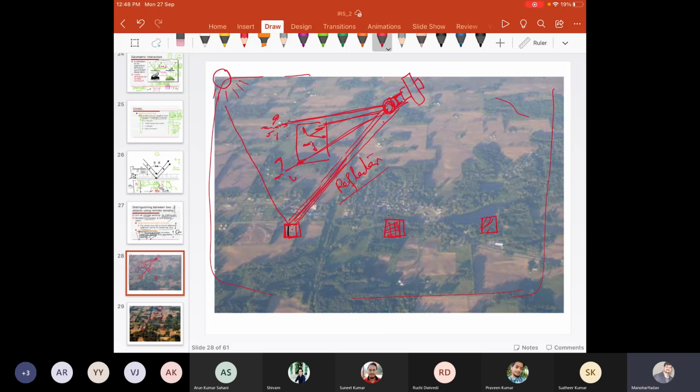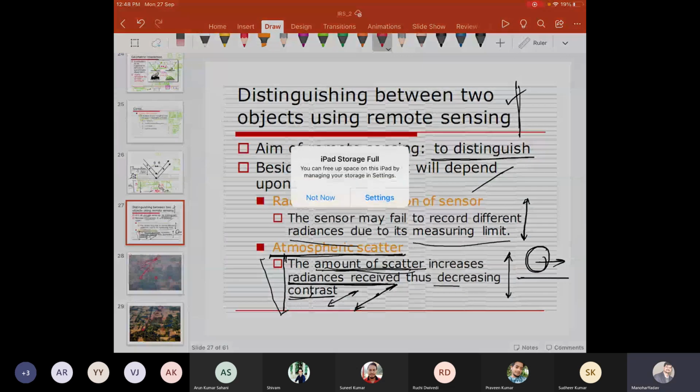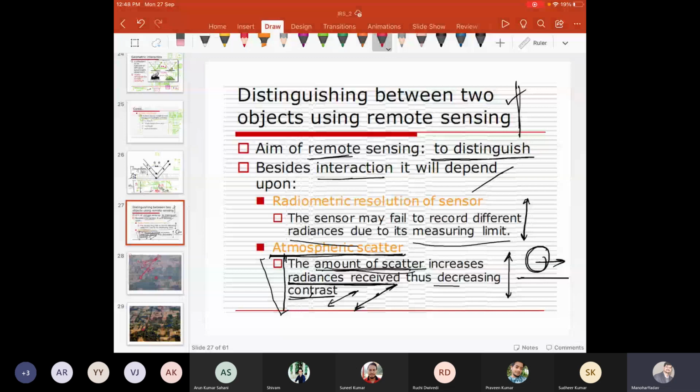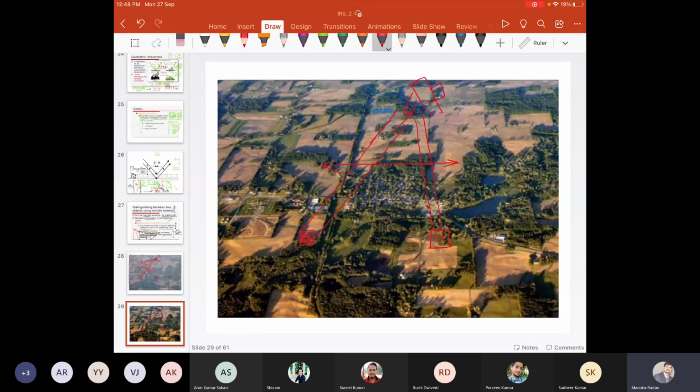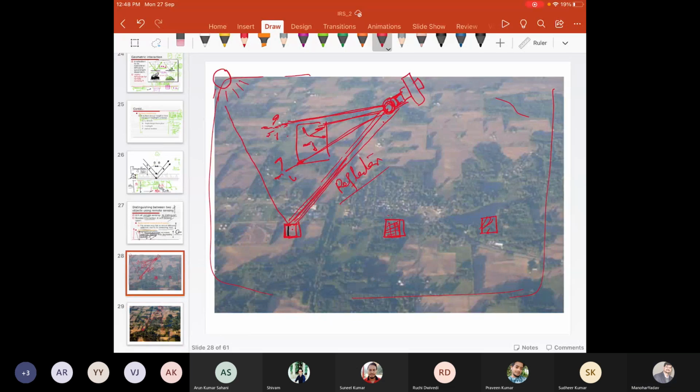This is the reason why we discuss over here that atmospheric scatter has its role. And just see over here, due to this contrast, in this case there is more clarity, while in this case the image is not clear and it is a hazy image.